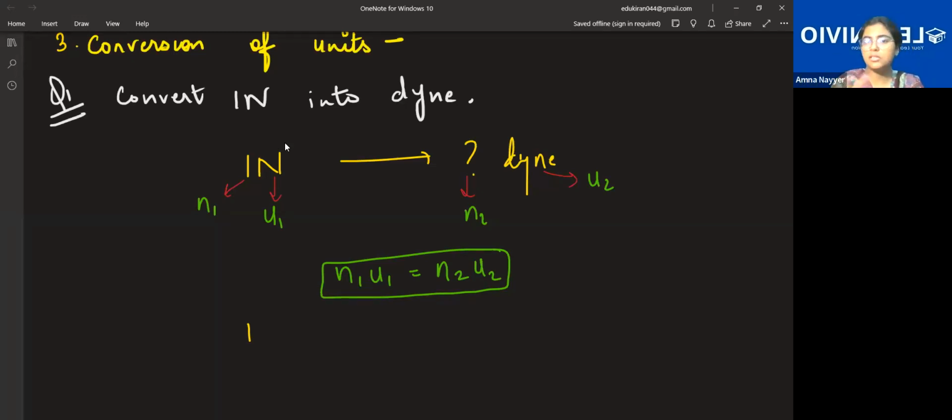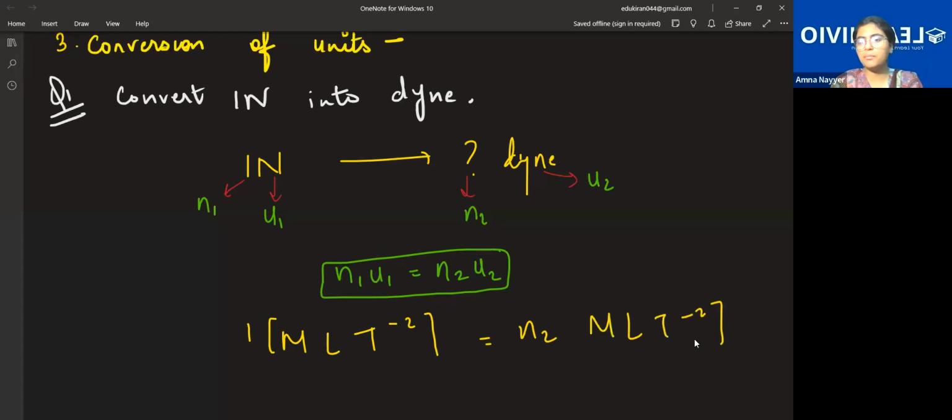That's why when I was discussing that table with you where we were writing the dimensions, I was discussing the SI units together, because this chapter requires knowledge of SI units and basic formulas. So Newton will be force, this is M L T to the power minus 2, is equal to, here we do not know N2, so N2 is missing. Dyne is again M L T to the power minus 2.